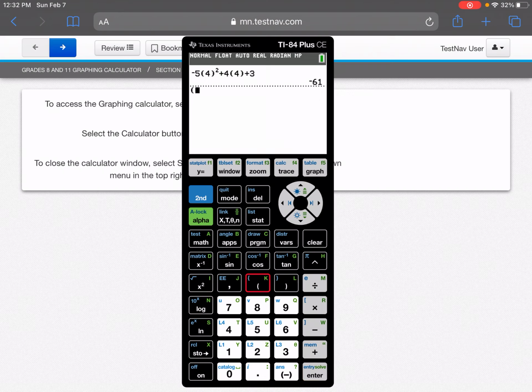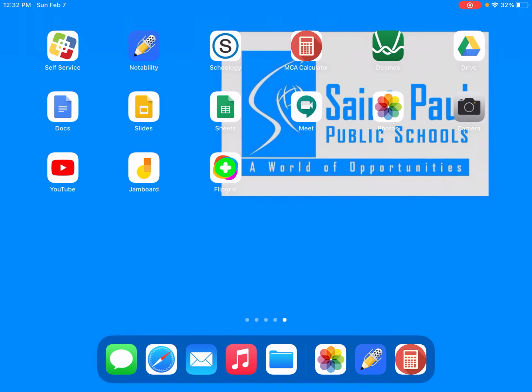I have 4 to the 3rd power minus 6 times 4 squared plus 10 times 4 minus 8. This time I do get 0, so that means it's a root.